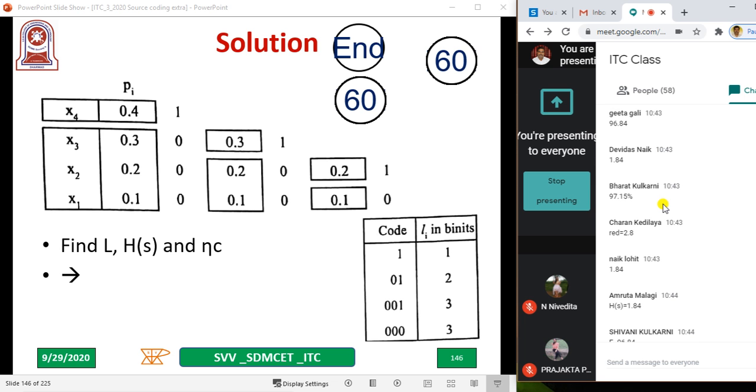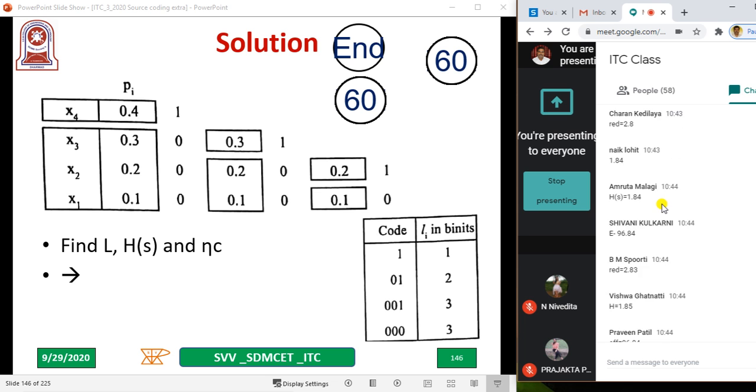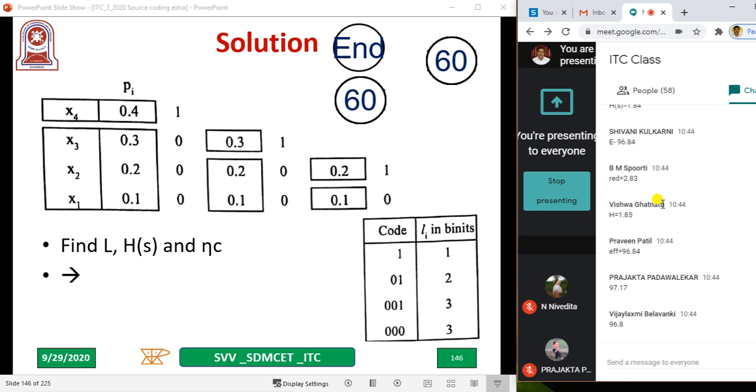Bharat has typed 97.15, Charan redundancy 2.8, Nayak 1.84, Amrita H of S 1.84. Spurti has typed redundancy 2.83. Many students have typed 96.84 as the answer. Geeta typed redundancy 2.8.